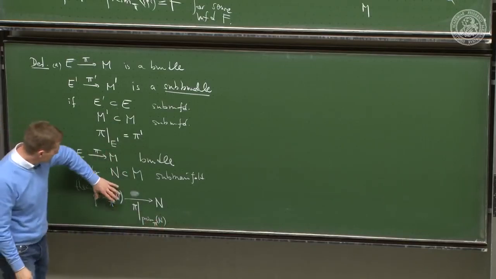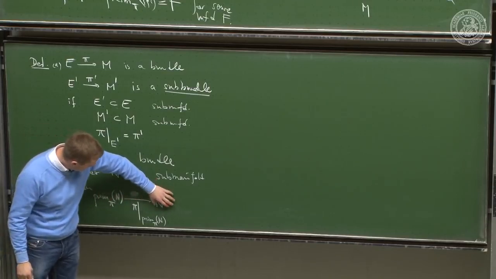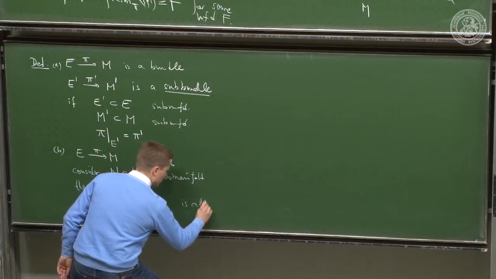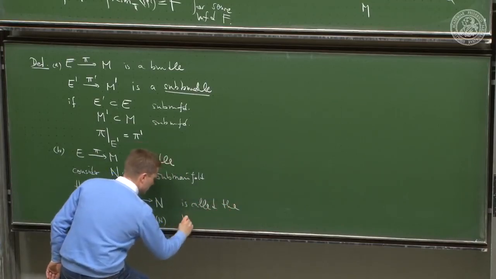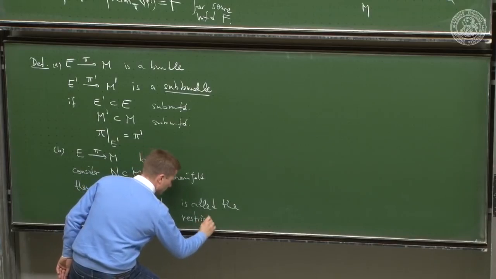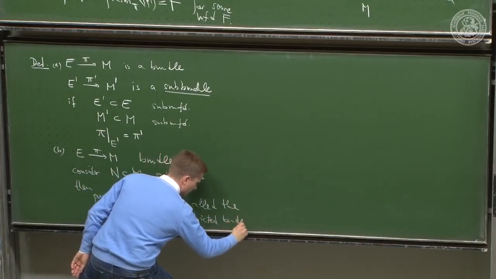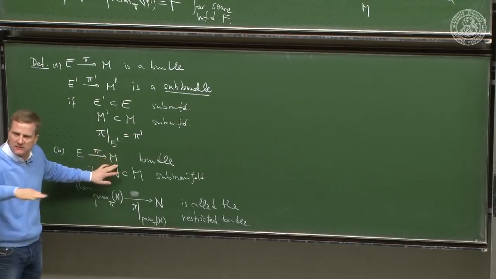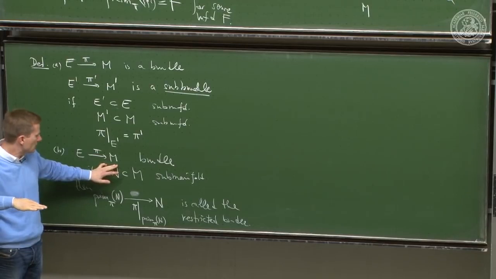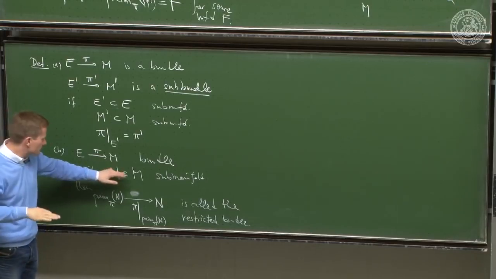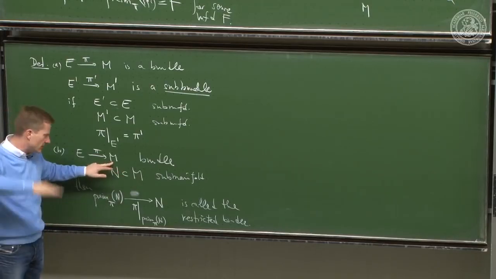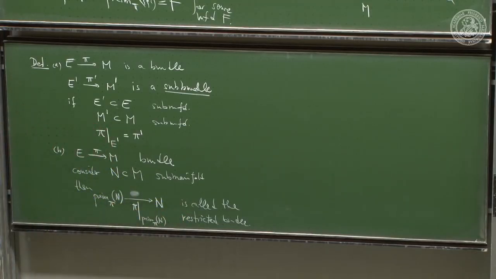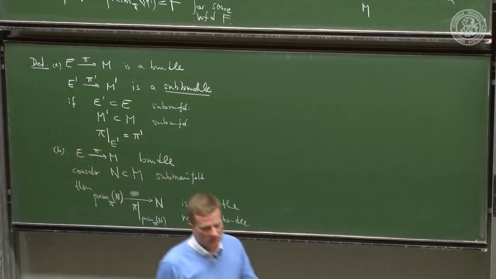Then these data, total space, base space, projection map, is called the restricted bundle. Namely, you start with a bundle and then you only look at it over a subset of the original base space. That's restriction to this subset in the base space, and this bundle over it is the restricted bundle. Again, it's a very simple definition and very useful.